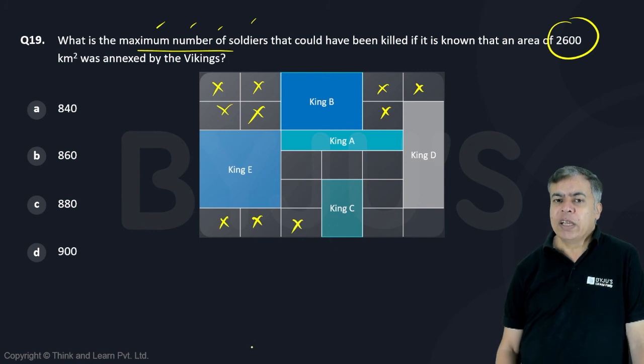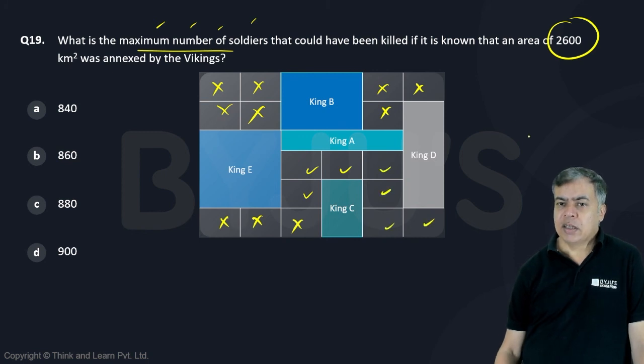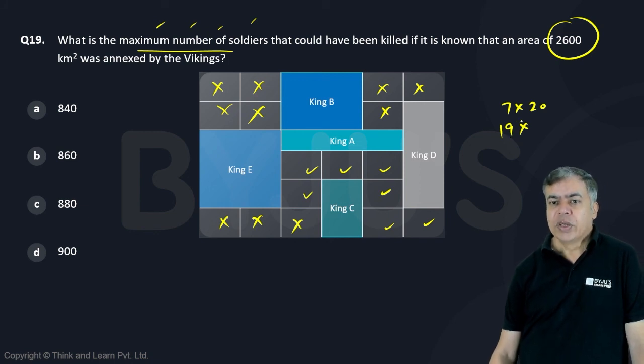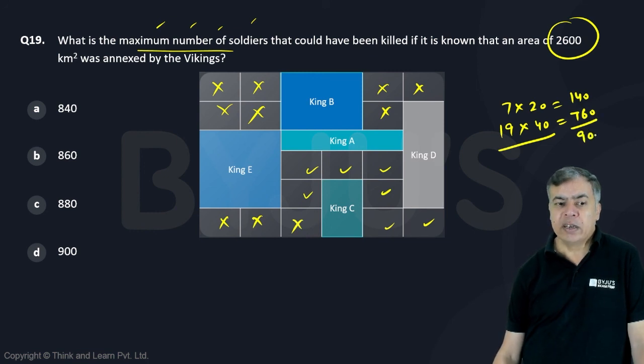So what will be the remaining? Remaining unoccupied will be 1, 2, 3, 4, 5, 6, 7. So I will say 7 into 20. And 19 will be, because 26 total should be attacked, so 19 should be into 40. So it will become 140 here and 19 into 40, 760 here. So 7 and 1, 8, 900 soldiers.